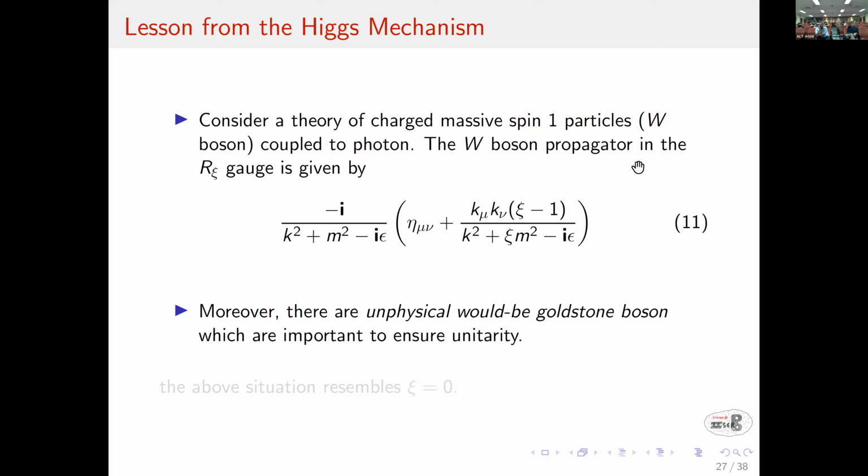Without it, you cannot make the Higgs mechanism work, if you are coming from the scattering amplitude perspective. The would-be Goldstone boson does not decouple unless you take xi equal to infinity. Fine. This is just a resemblance: our situation resembles xi equal to 0, because the theta term we wrote is precisely the theta term if I put xi equal to 0.